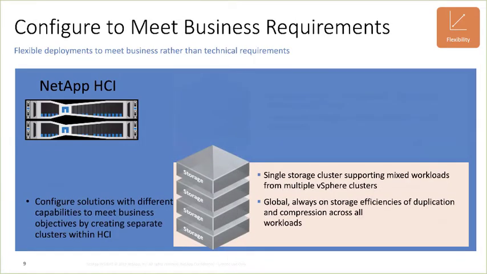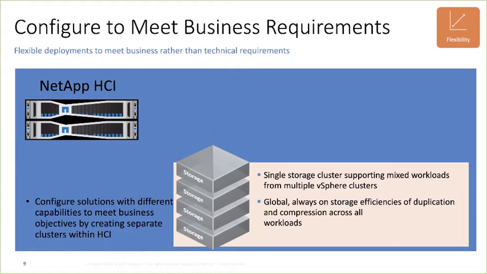So along with all of that flexibility and investment protection, with NetApp HCI you can configure solutions with different capabilities. The cool thing is, whether you have a high core count or a low core count or specific graphics requirements, or maybe you're doing end user computing workloads, this disaggregated architecture enables compute options that give you the ability to configure for mixed workloads from multiple vSphere clusters.